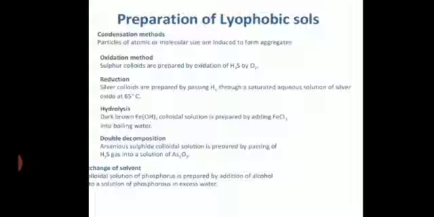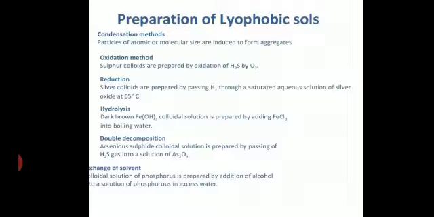Got it? So condensation, all this comes under the condensation method. Condensation means this method involves joining together a large number of smaller particles to form particles of the colloidal size. Always remember that. Later on you will also study condensation reactions in organic chemistry.